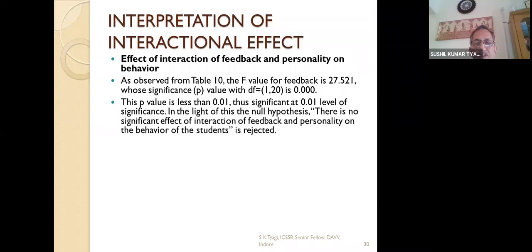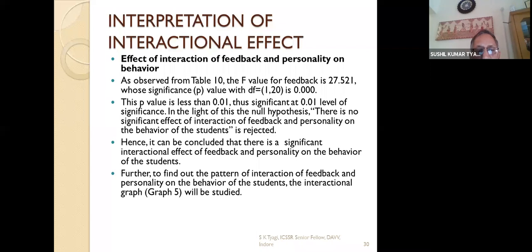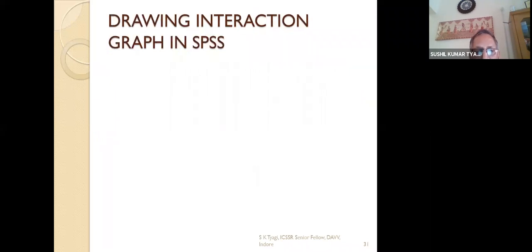In the light of this, the null hypothesis, and this null hypothesis does not contain any mean, there is no significant effect of interaction of feedback and personality on the behavior of students, is rejected. Hence, it can be concluded that there is a significant interactional effect of feedback and personality on behavior of the students. Further, to find out the pattern of interaction of feedback and personality on behavior, the interactional graph will be studied. Now we will interpret the graph.